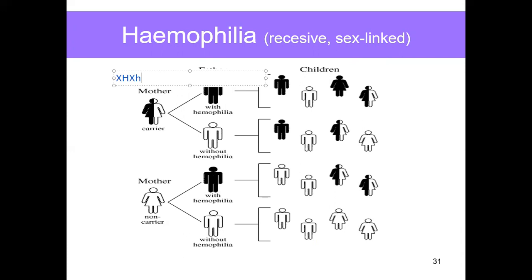But if the mother is homozygous, the chances of the son getting haemophilia is 100%. Because the X chromosome of the son comes from the mother. So if the mother has haemophilia, all the sons will have haemophilia.